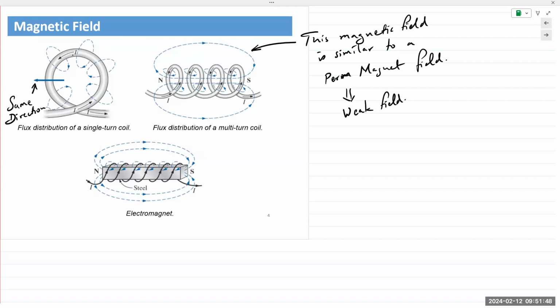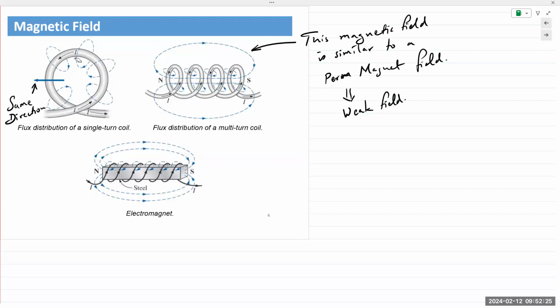Then researchers found that you could take this current carrying conductor, and if you insert a ferrous material within those coils, you can increase the strength of that magnetic field, because now you have given the flux lines a ferromagnetic material to flow through. It has to do with the permeability of air versus the permeability of a magnetic material. And that is the working principle of an electromagnet.